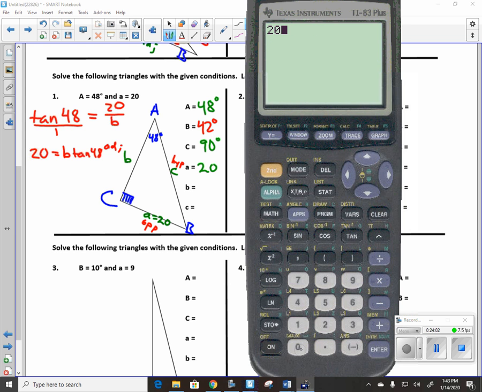I take 20 and I divide it by the tangent of 48. And I get 18.01. Once you know two sides, you can always use the Pythagorean theorem to find the next side. 20 squared plus 18.01 squared, and square root the answer. 26.91.